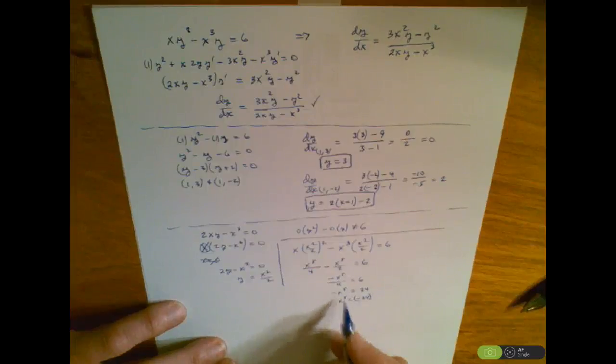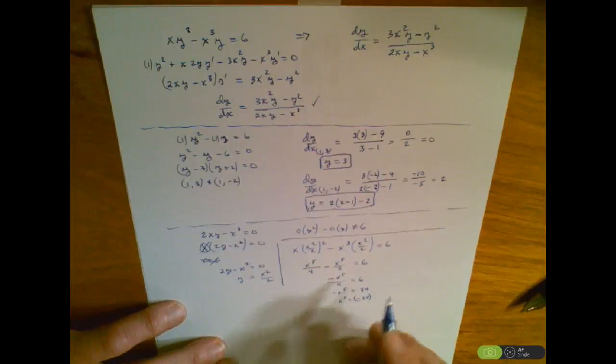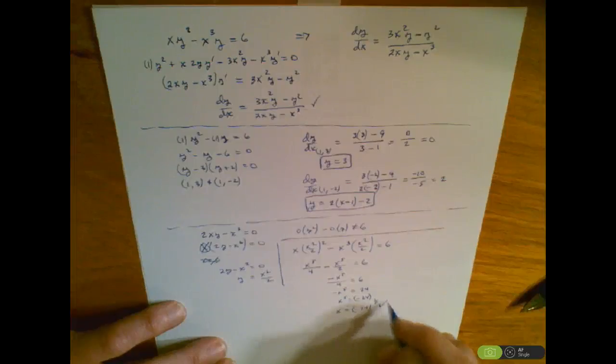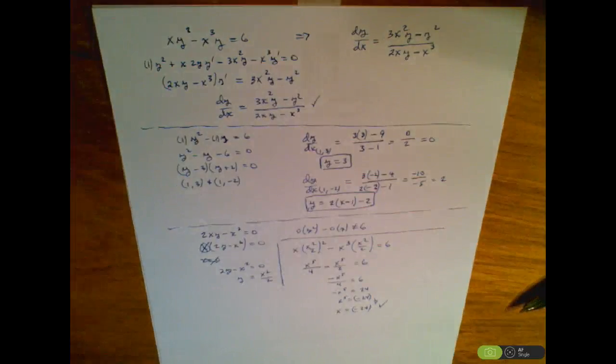Since I can take the 5th root of both sides, that leaves me x is equal to the 5th root of negative 24. And that should be our final answer then. And so that's the x-coordinate, and that takes care of that problem.